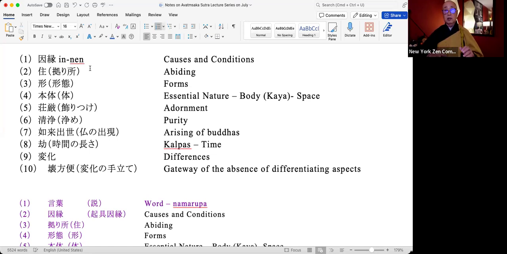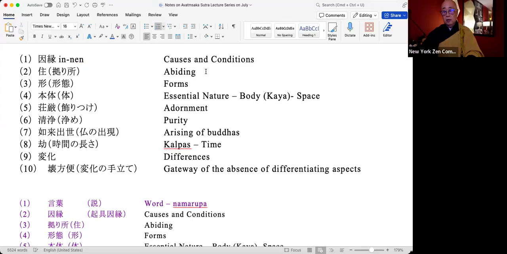In other words, just like a cloud starts to appear because of these interdependent relations of, let's say, temperature, moisture, et cetera, including the temperature of the ocean, et cetera. So there are always interdependent relations that create cause and condition, and then some elements of this world actually start to happen.